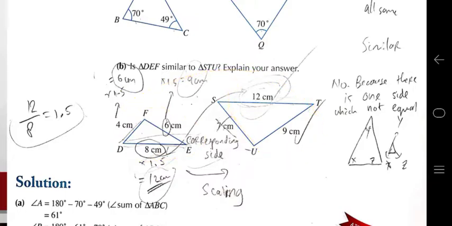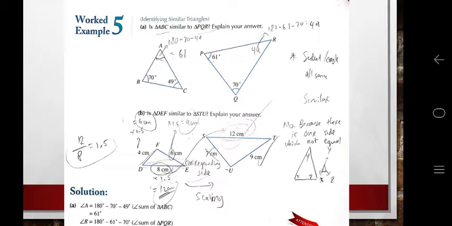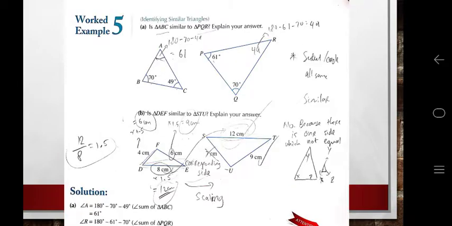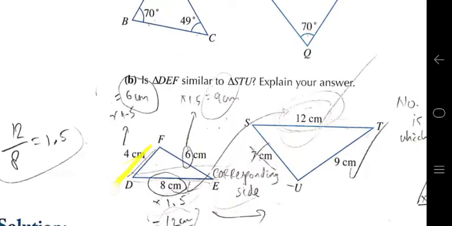Because no angles are given here, we just compare the lengths of the sides. We need to make sure that they are not the same, but the ratios are the same. So we have 4, 6, 8 here, and we have 7, 9, 12 here.